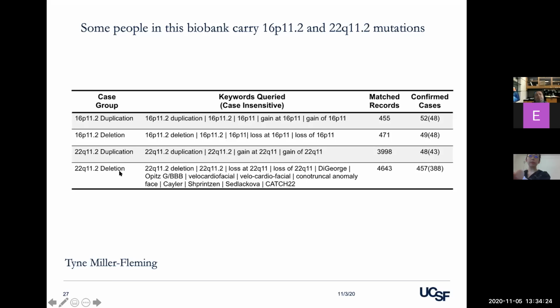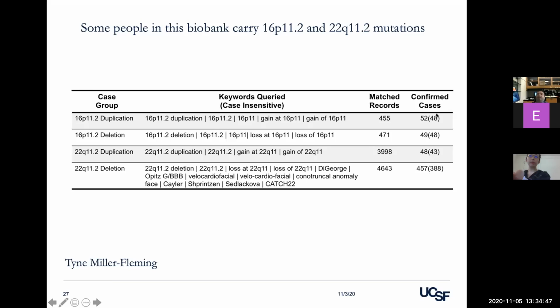The 22q deletion is a fairly common mutation, appears in about 1 in 3,000 individuals. And a lot of people that are born with heart defects might get tested for this mutation. So that's why we have more of these.